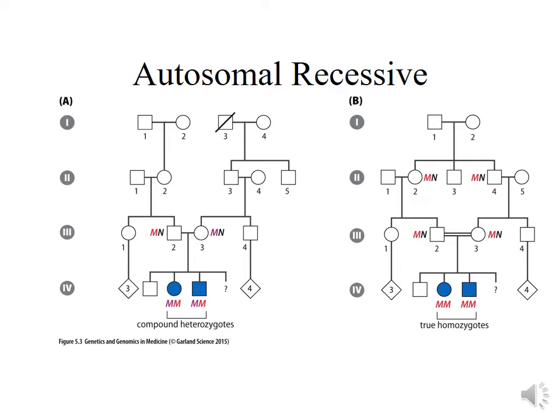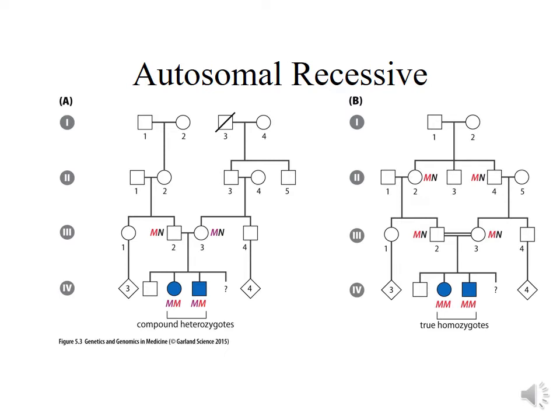Affected individuals carry 2 mutant alleles at the disease locus, 1 inherited from each of the parents. Assuming that both parents of an affected child are phenotypically normal carriers, the chance that each future child born to these parents is also affected is normally 25%.